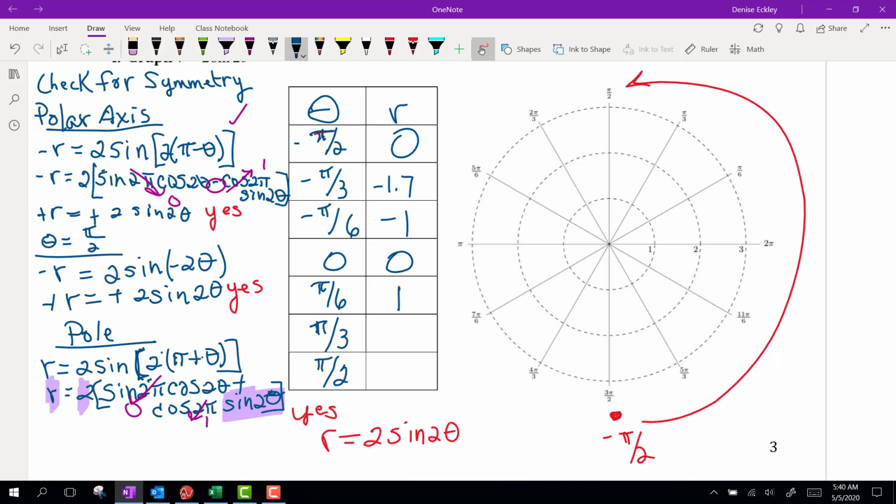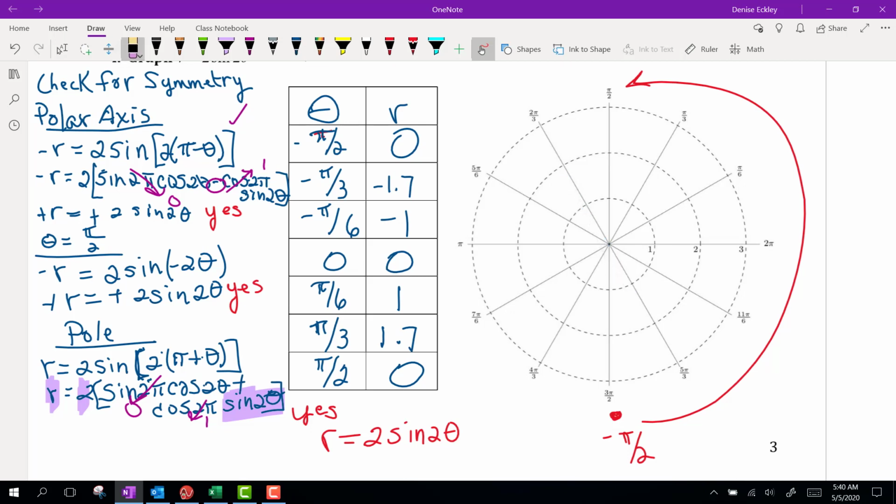Pi over 3, I get 1.7. I'm just going to get the opposite of all those. Okay, so here is how this looks. Now what you want to remember is that when I'm at negative pi over 3 here, I'd be around here, but it's negative, so I have to go to that side.